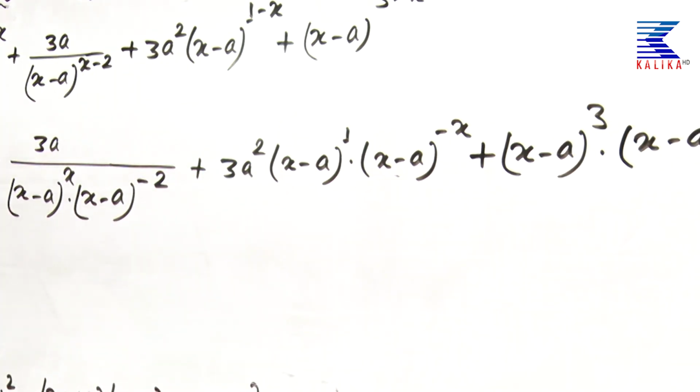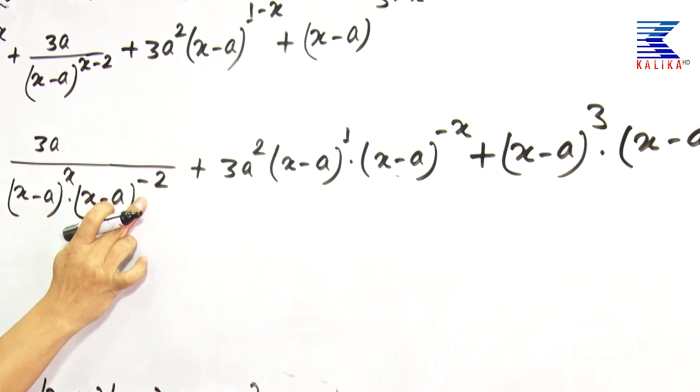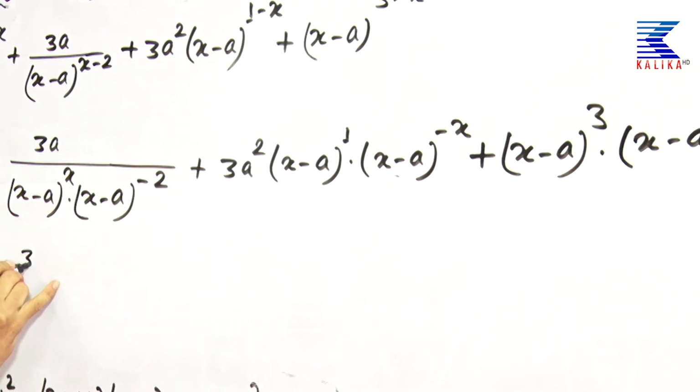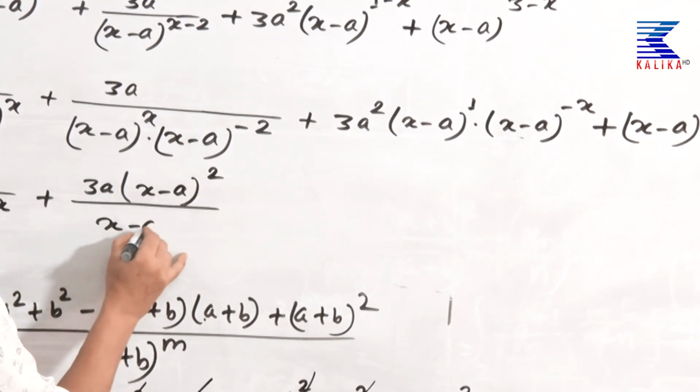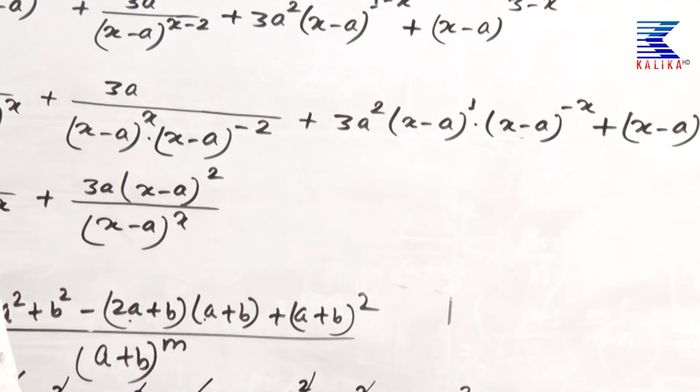And next step, a cube upon (x minus a) to the power x plus, here the power is negative, it should be positive, 3a (x minus a) to the power 2 whole upon (x minus a) to the power x. Any doubt?